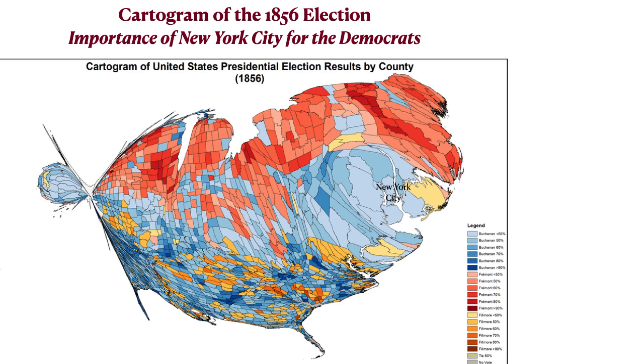We had a very large number of immigrants, particularly Irish immigrants, in New York who tended to support the Democratic Party, which was more favorably disposed to immigrants. Well, certainly than the Know Nothing Party, but even more so than the Republican Party.